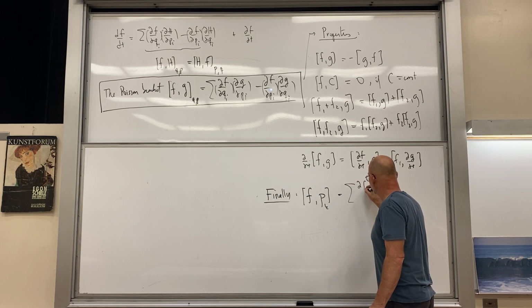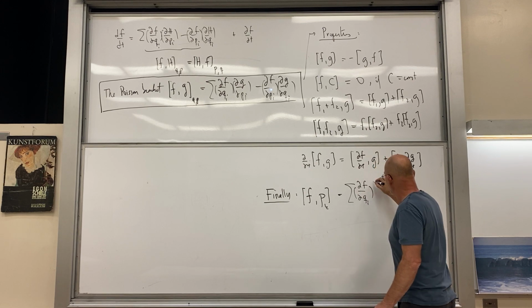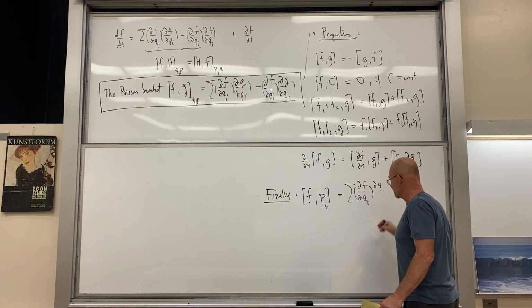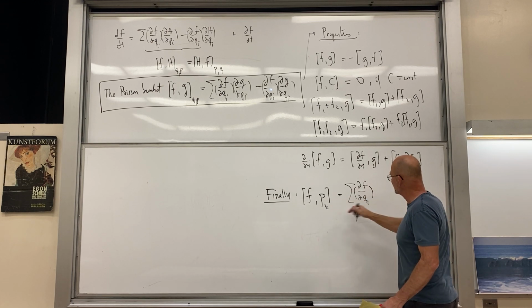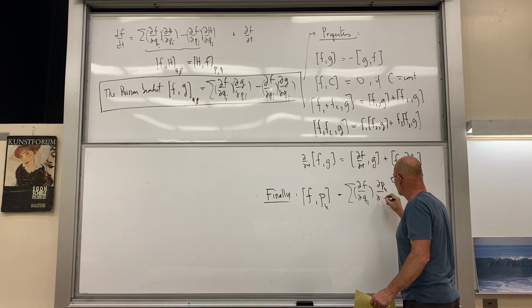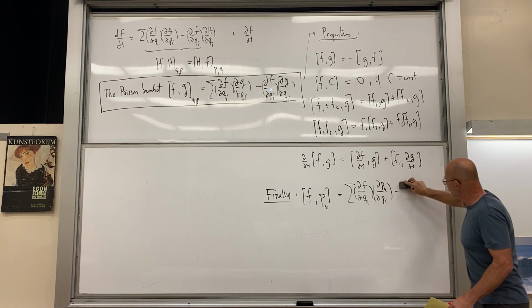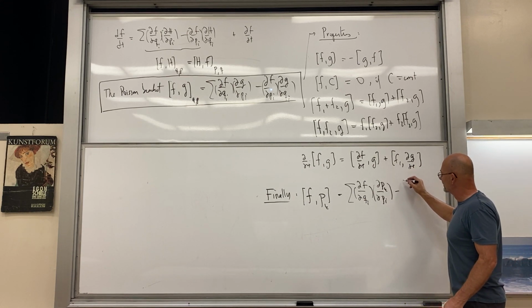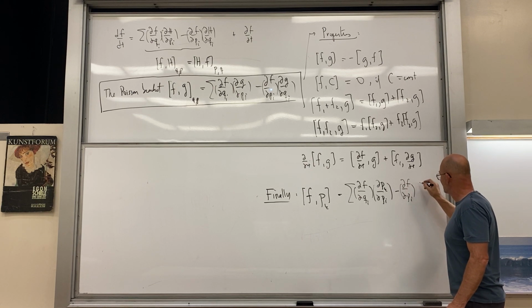We have df dq sub I dp sub k dp sub I minus df dp sub I dp sub k dq sub I.